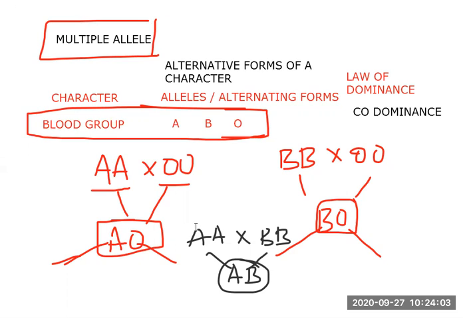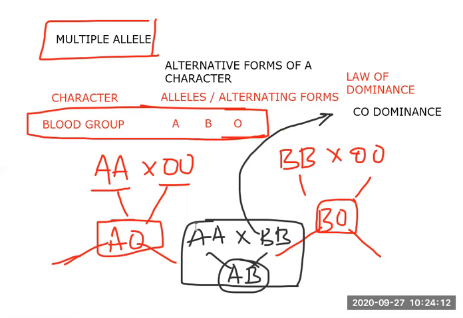But in one context, when A blood group is crossed with B blood group, it is not following this concept at all. That non-Mendelism we call codominance. So issue-wise we are going: why they are called multiple allele, why they follow the law of dominance, and in what case they follow codominance.